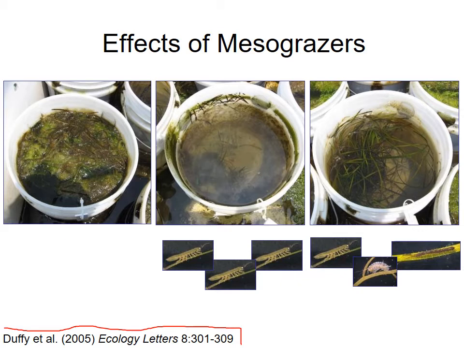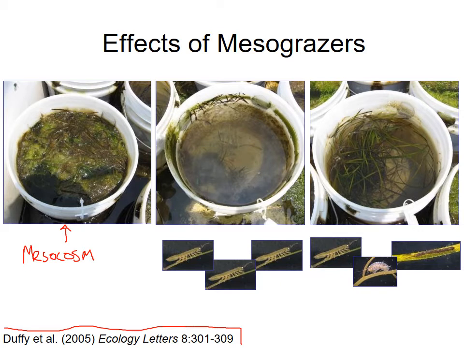So this bucket on the left here is a bucket, well, we call it a mesocosm. That's sort of the scientific word for bucket. So mesocosm means a small ecosystem. So basically, to some it might look like a bucket, but to us it looks like a small simulated ecosystem. And this mesocosm was planted with seagrass and ambient waters from the Chesapeake Bay.